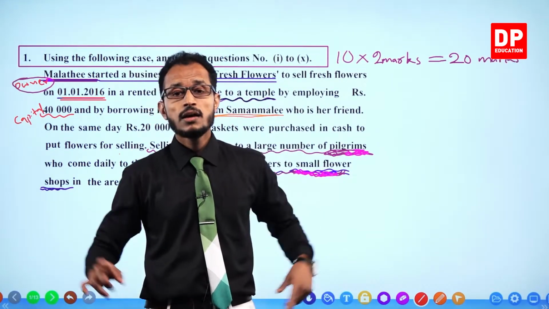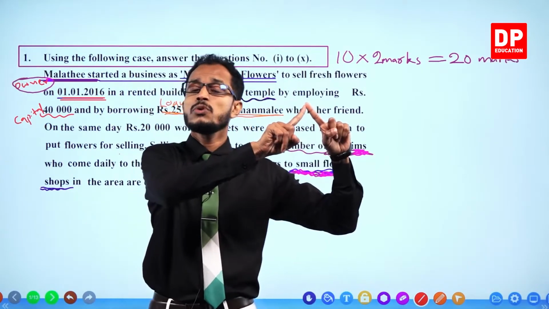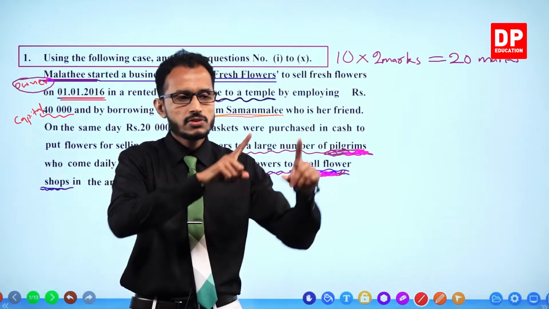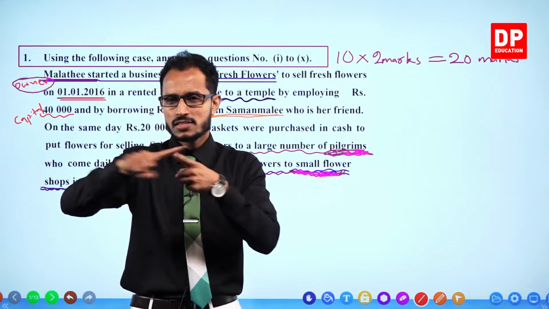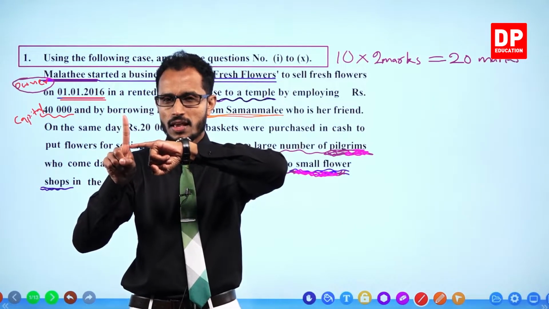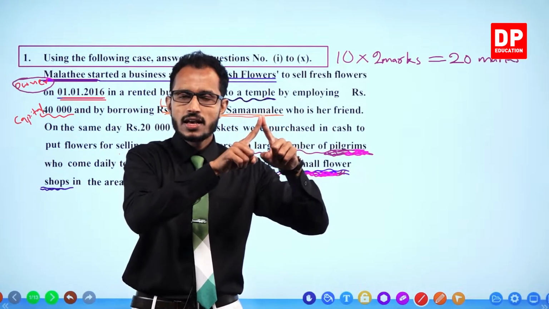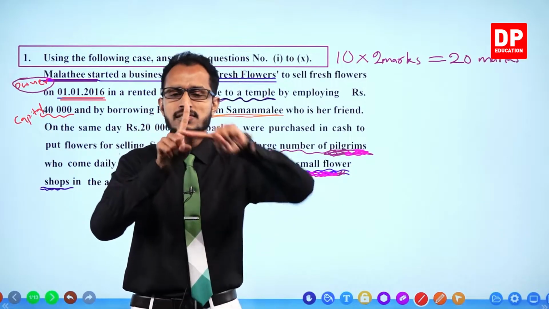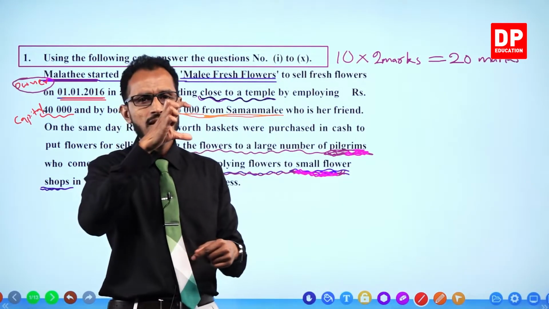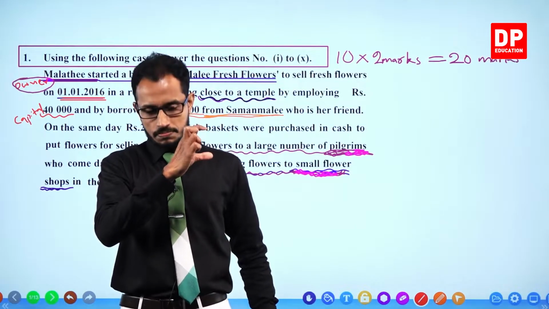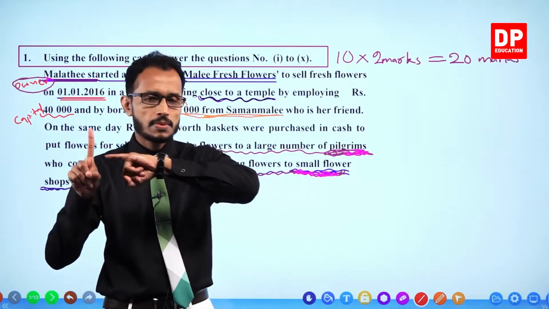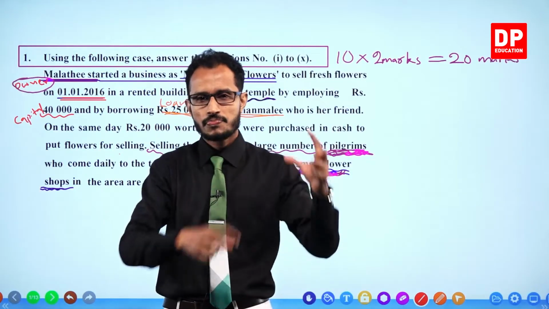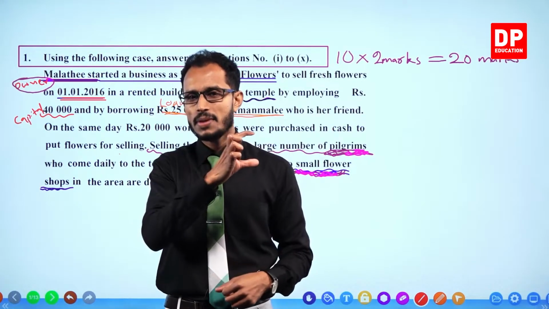Assets equals capital plus liabilities. You know that assets is the combination of capital and liabilities.